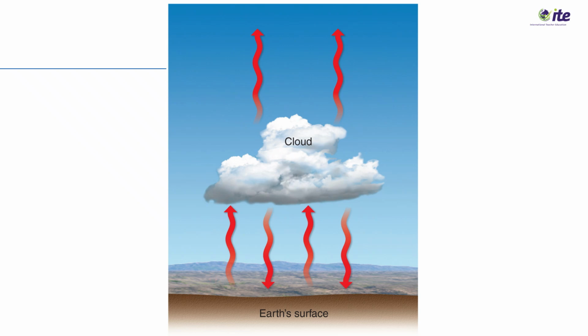Normally, if there are no clouds, this longwave radiation would just disappear into the atmosphere. But because of the clouds, these radiations get sent back.